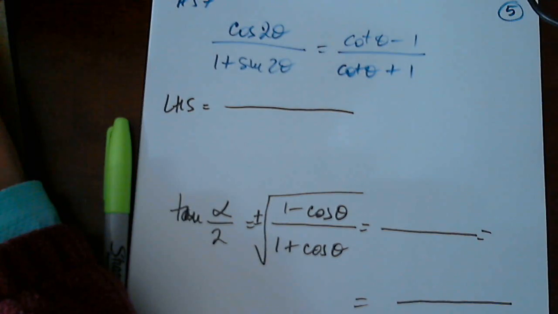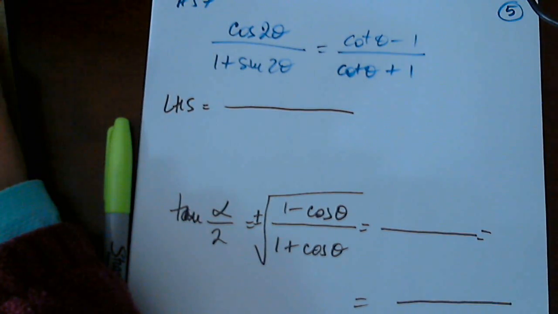Because we can change cosine 2 theta. We have 3 options for cosine 2 theta. I may or may not use this, but I just want you to remember that tangent alpha over 2 equals these two, and we proved that in class together.